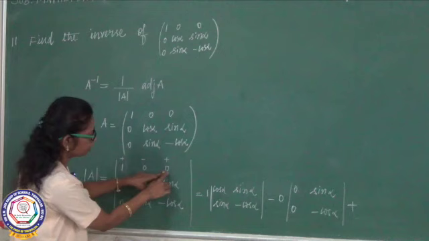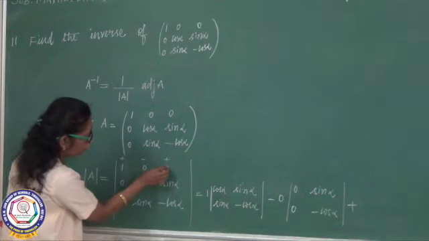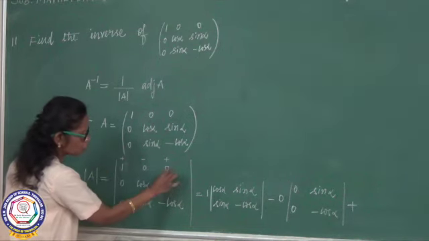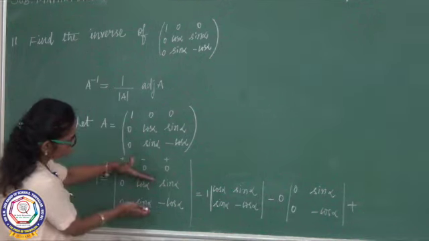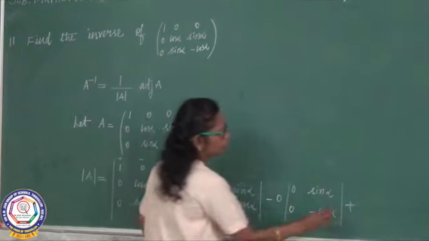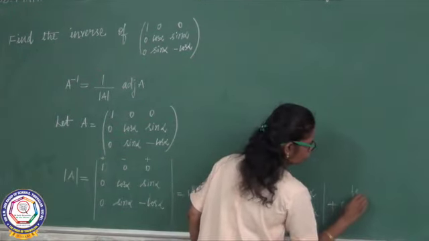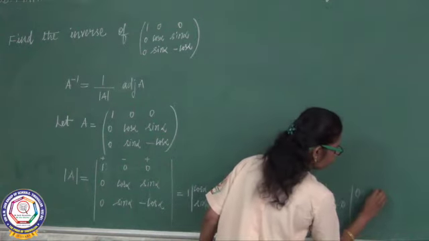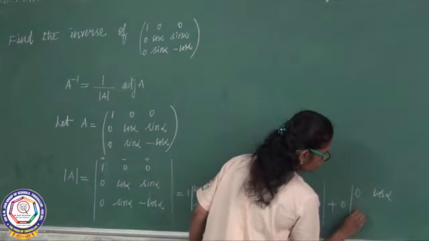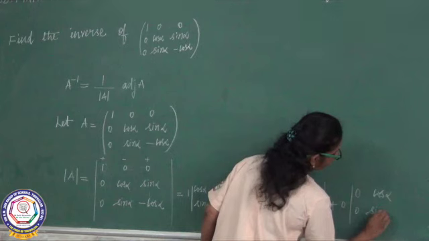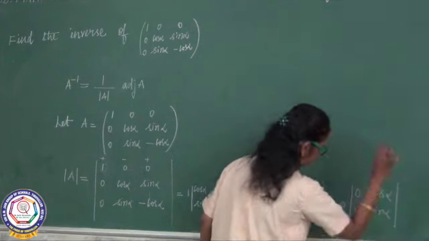Now, if you select this element, you have to delete the first row and third column. The rest is 0, cos alpha, 0, sin alpha.